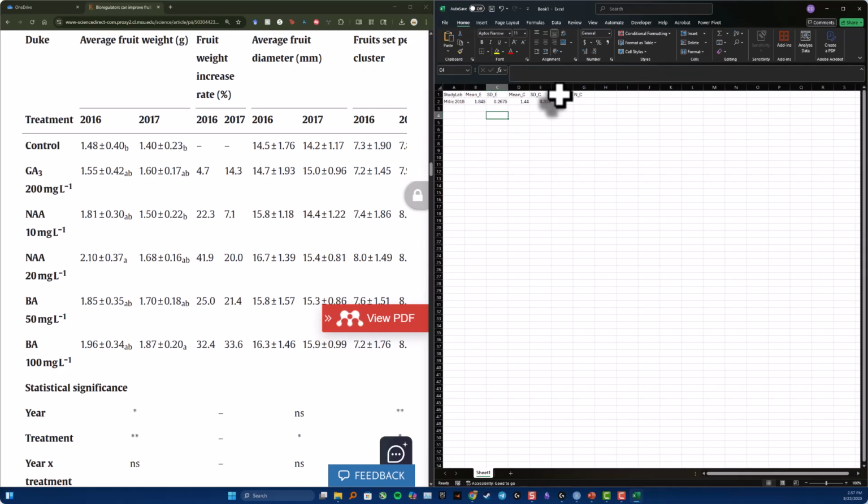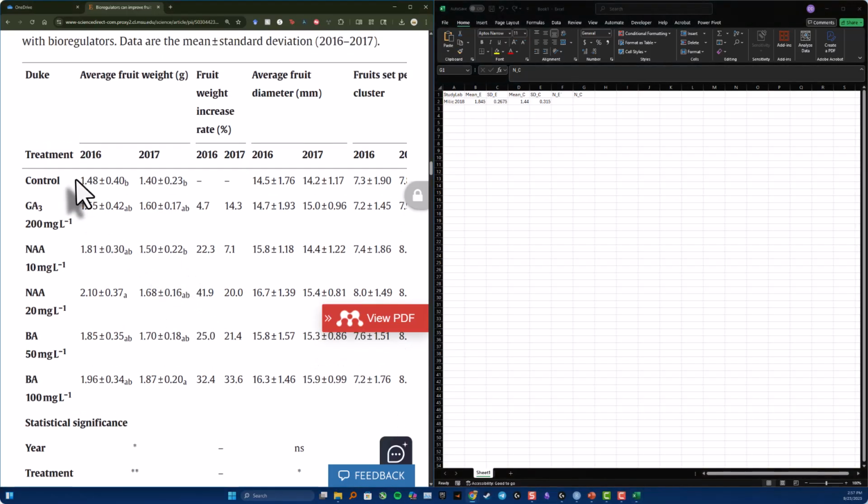But then the last step is to do the number of observations for both the experimental and for the control. So how to calculate that? It's pretty simple. The number of observations is how many times they applied something or not applied something, and wrote down a separate measurement within the same study.